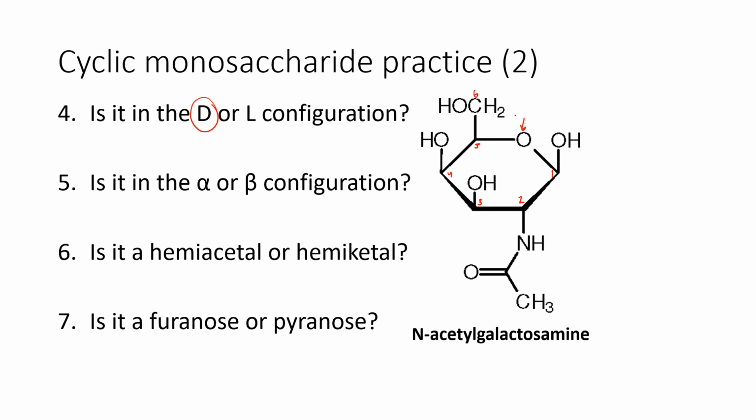It's a little hard to picture, but hopefully it kind of makes sense in your mind in some way. If it was an L, this carbon 6 would be pointing down. But most of the time we're going to see carbon 6 pointing up because we have D sugars. Any questions about that?